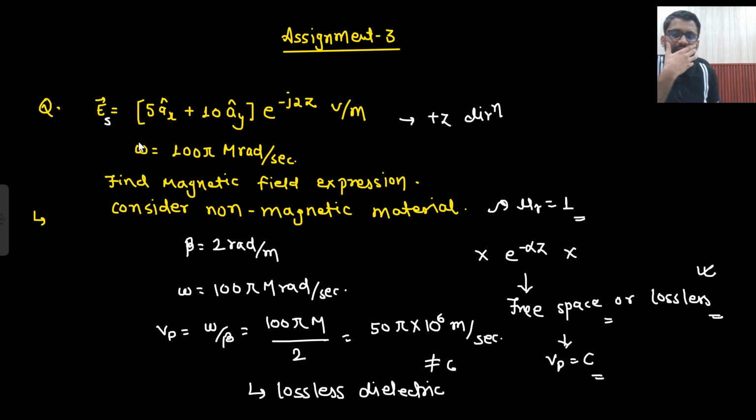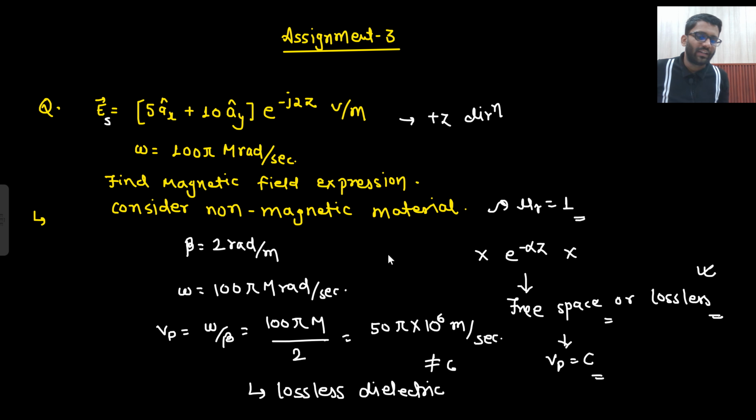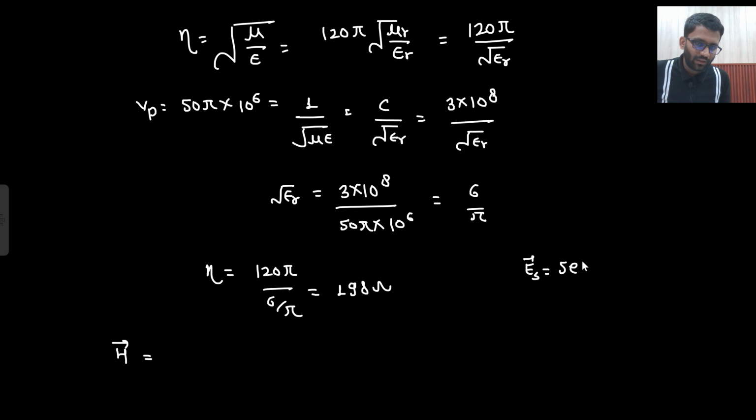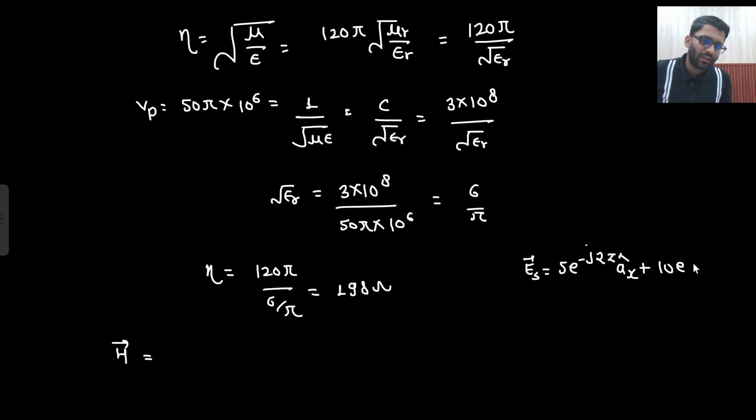For the H expression, let me write down the ES expression again. If you are not understanding it, there are two components, one is the X component, one is the Y component. ES is 5 into e to the power minus j 2z ax cap plus 10 into e to the power minus j 2z ay cap.